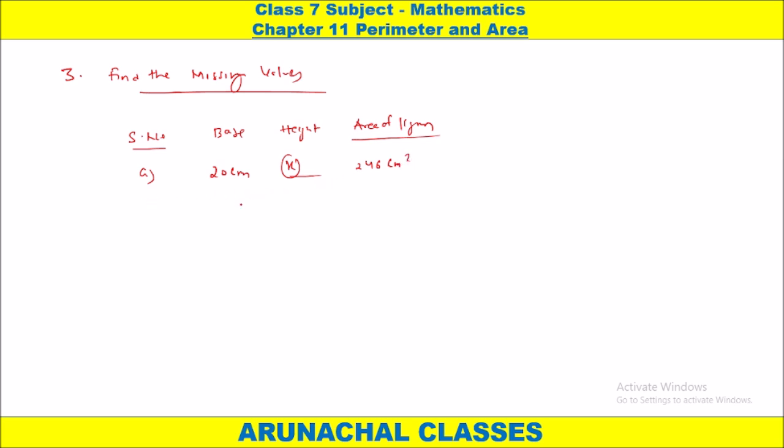So in this one we will see that area of parallelogram is given as base multiply with altitude. So area of parallelogram is given as 246 centimeter square and that will be equal to base value is given as 20 centimeter and altitude let it be x.